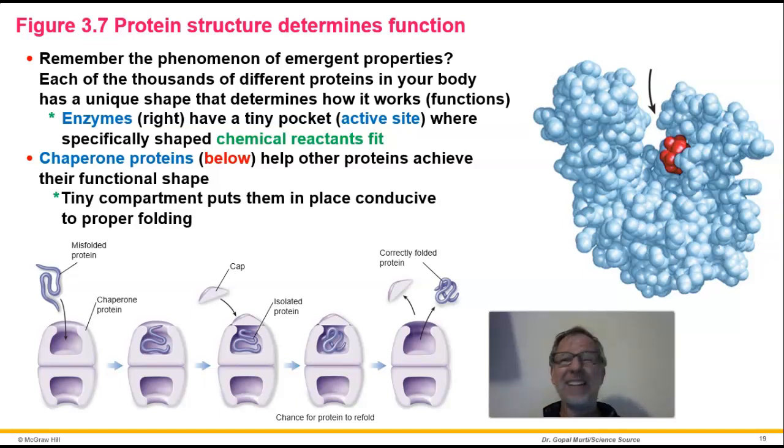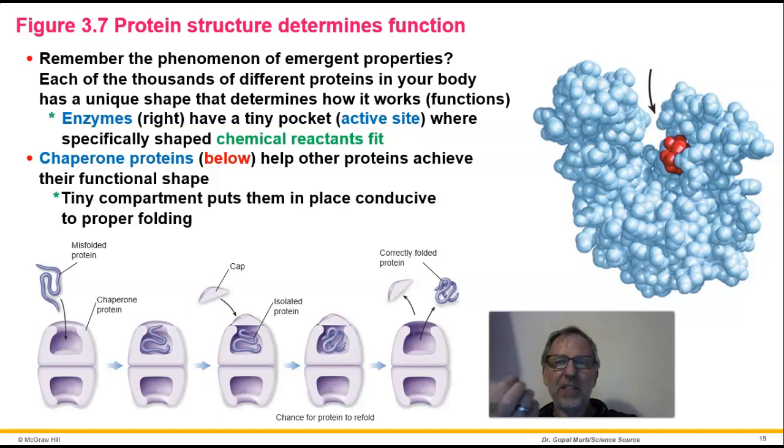So one important example here is a group of proteins called enzymes. Enzymes have the job of making chemical reactions go faster. And enzymes work by having a little pocket, a little space inside of the enzyme molecule called an active site.